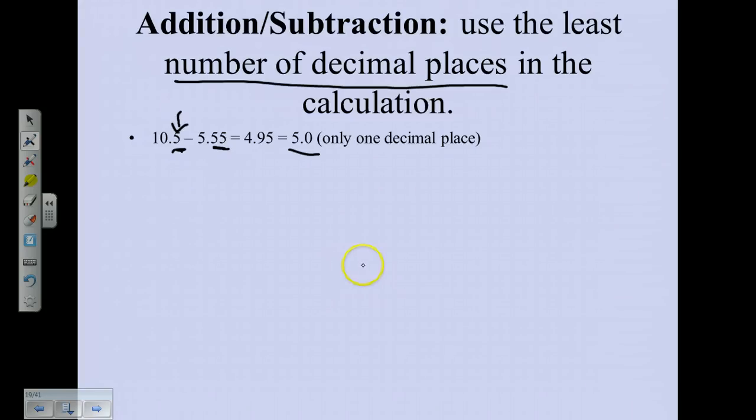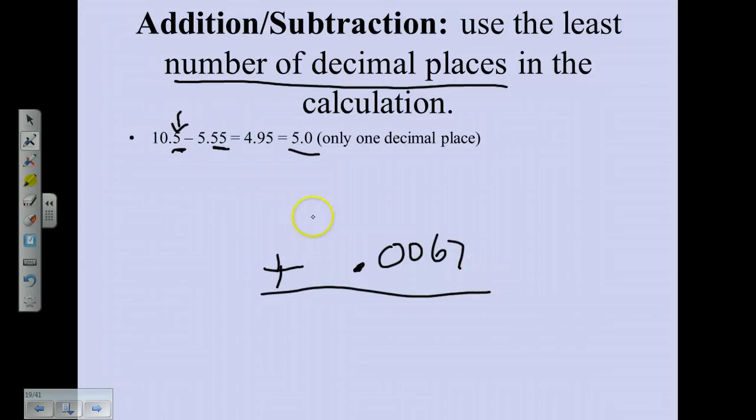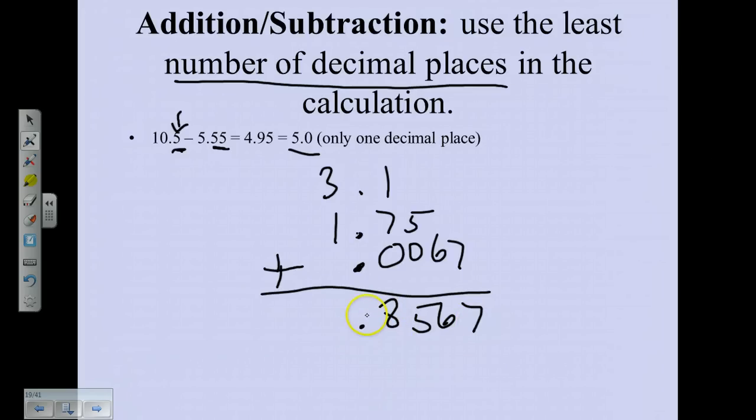So if we have something which is 0.0067, and we're going to add 1.75, and we're going to add to that 3.1. We carry out our addition. We're only going to take the answer to the least number of decimal places, which is the tenths place.